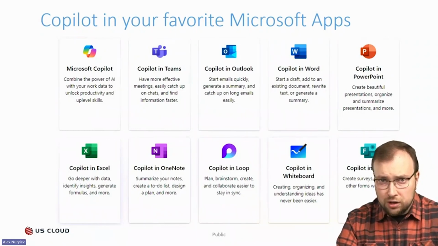Copilot in Excel will let you go deeper with data, identify insights, and generate formulas. Copilot helps you work smarter, faster, and more intuitively. It stands as your reliable assistant that improves productivity and collaboration.